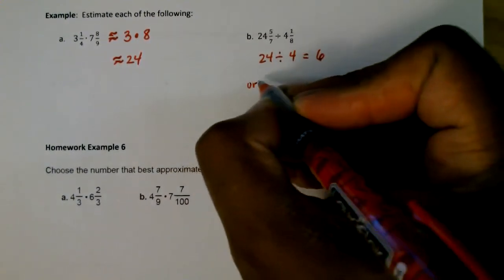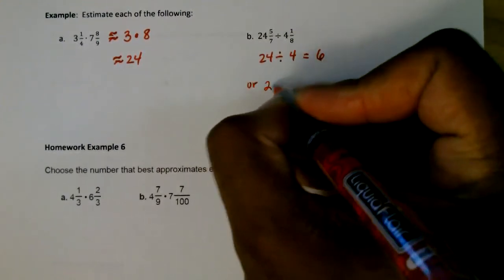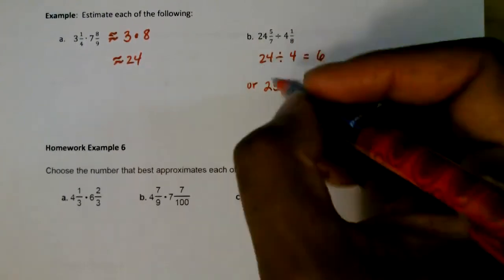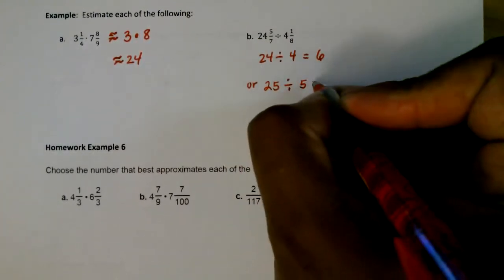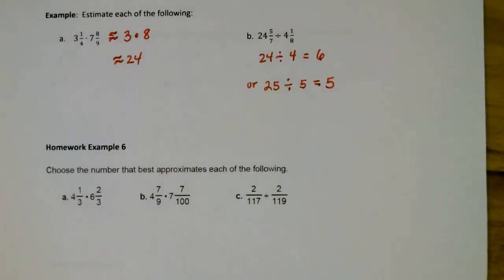Or I could do this. Round up 24 5/7 to 25, divided by, I'm going to have to round up 4 1/8. That would give me 5. 25 divided by 5 would be 5.